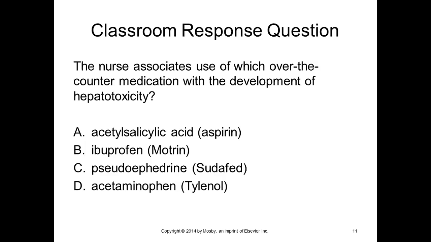The other most commonly used medication is acetaminophen. Acetaminophen has an anti-fever, or antipyretic, effect. It is used as a painkiller, right? Also a little bit of anti-inflammatory effect. The most common brand, everybody knows, is Tylenol. So acetaminophen toxicity is most common, and it is hepatotoxic.